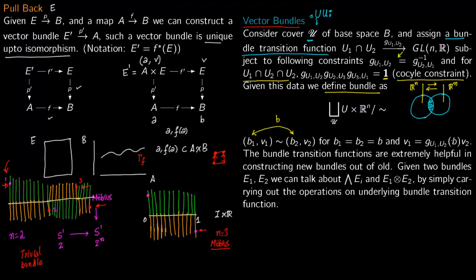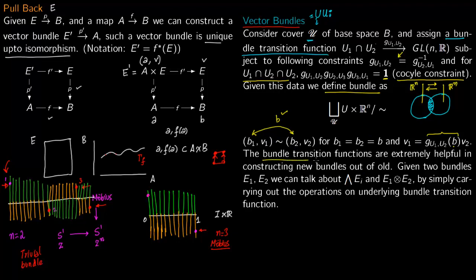So this matrix you get corresponding to the point in the space, because you see this matrix is associated to the base space. So that's why we are acting on the point b, the same b which is equal to b1 and b2. So you identify two points if they come from the same point b in the base, and if you're able to go from one vector to another vector via a matrix, and obviously that matrix is dependent upon the base point b.